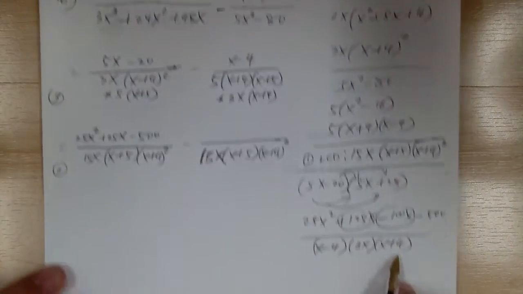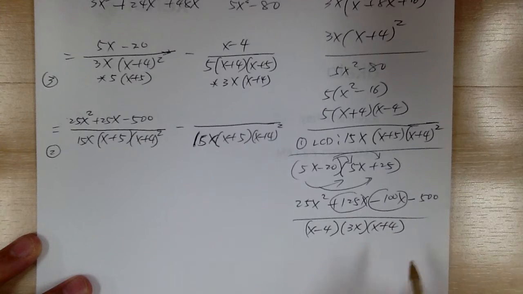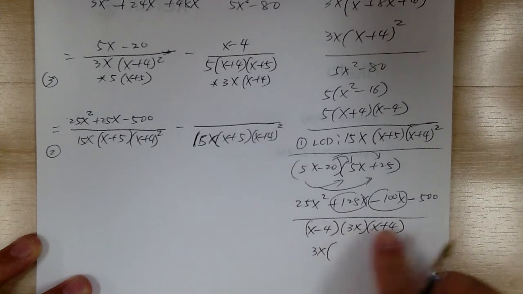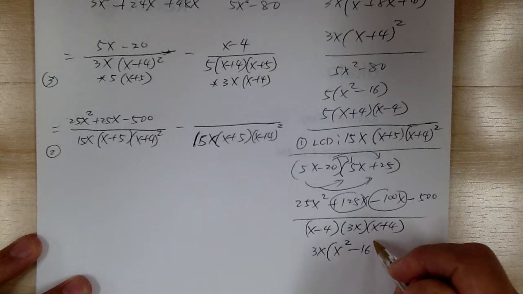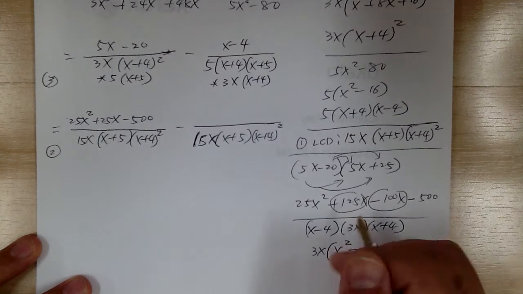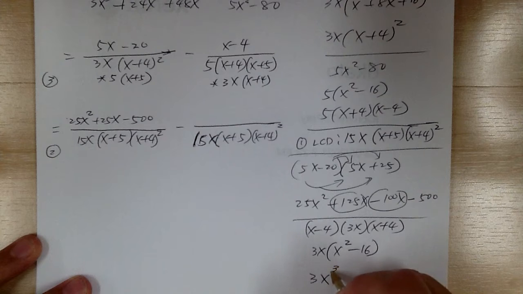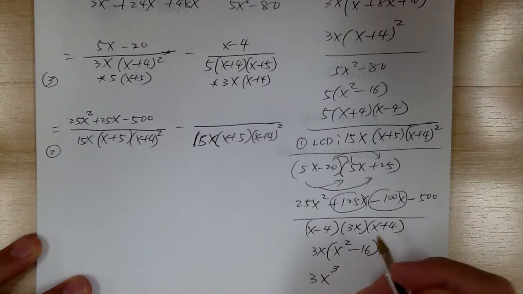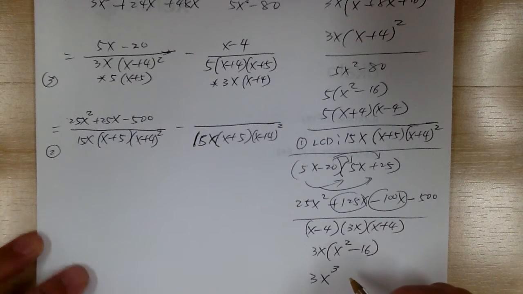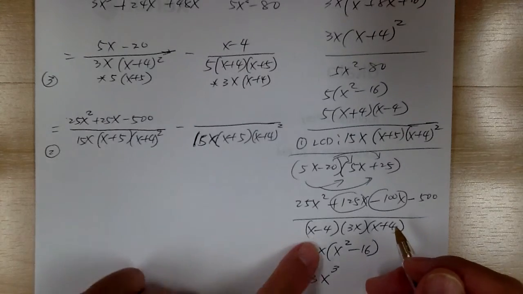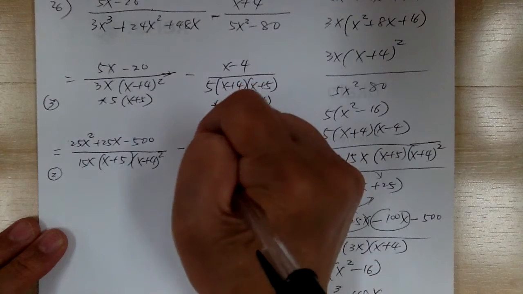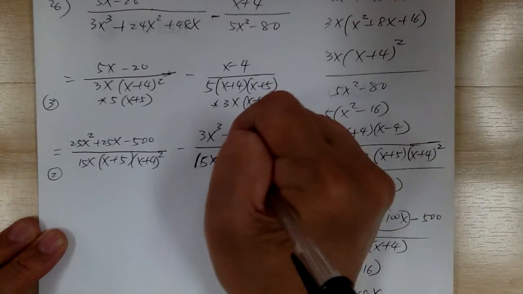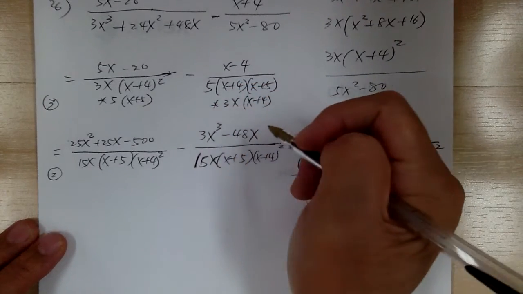Now this one is easy if you multiply the conjugate first. So when you multiply the conjugate, you're going to get x squared minus 16. So when you multiply, you're going to get 3x cubed minus 48x.